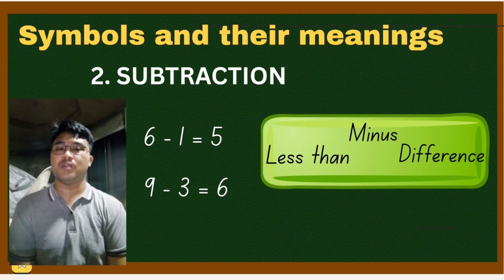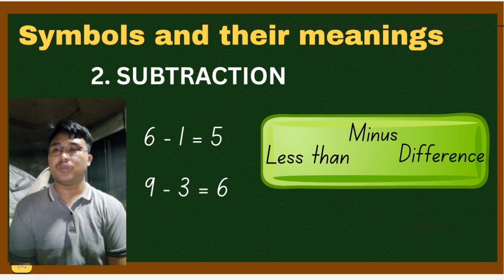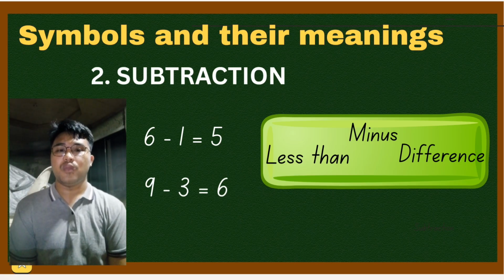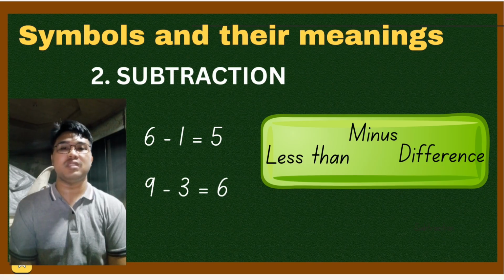When we take 1 away from 6, we get 5. The second example is 9 minus 3 is equals to 6. So when we take 3 away from 9, we get 6. So the minus sign can also mean less than, minus, and difference.